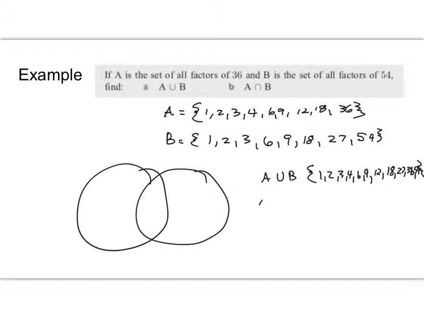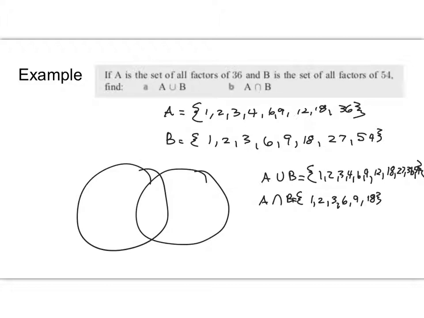Okay, A intersect B is going to be 1, 2, 3, 6, 9, and 18.